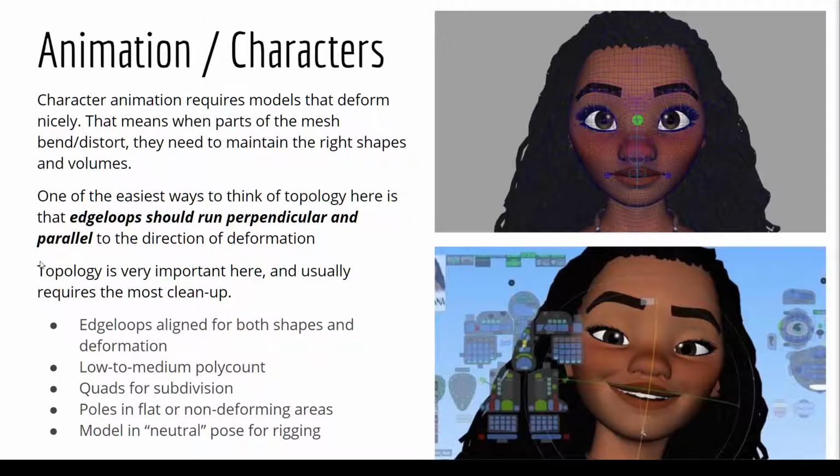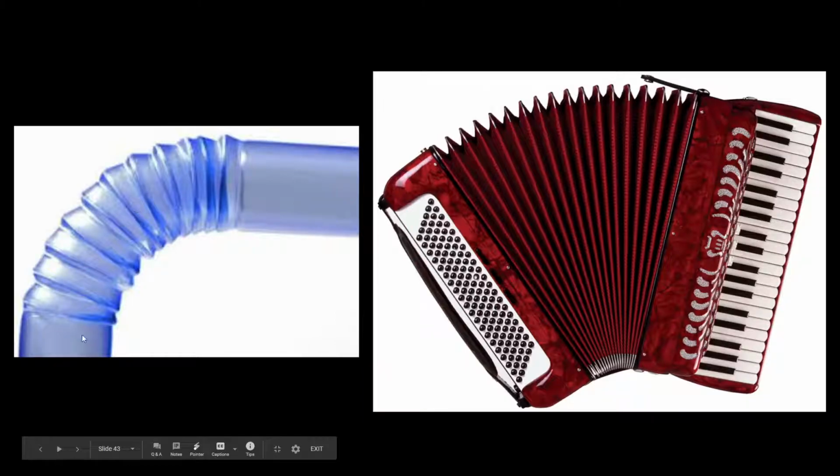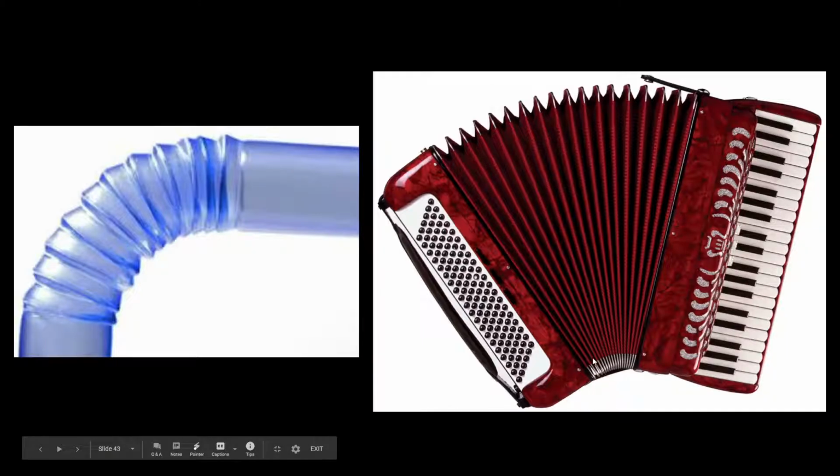One of the easiest ways to think of topology for animation is that edge loops should run perpendicular and parallel to the direction of deformation. The example I used previously is thinking of limbs as a bendy straw or an accordion. You have these ridges or lines that go perpendicular to the angle that it's going to be rotating or bending at.